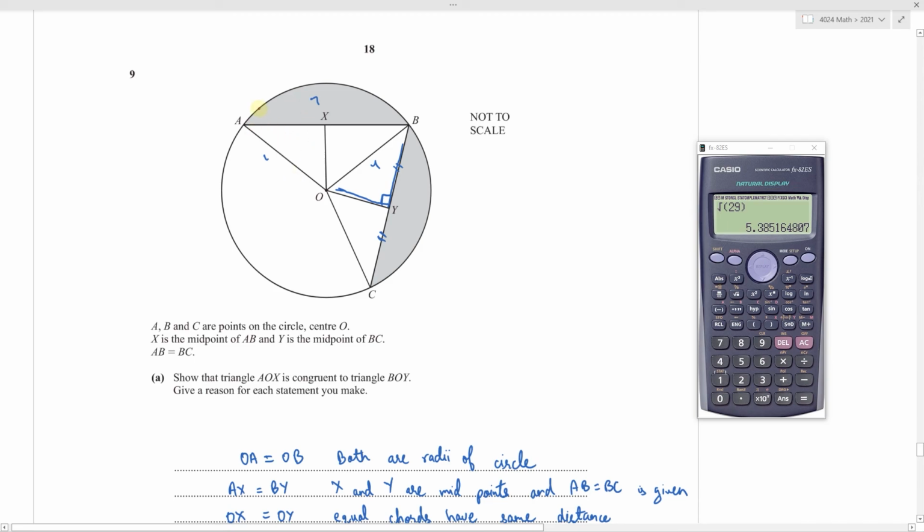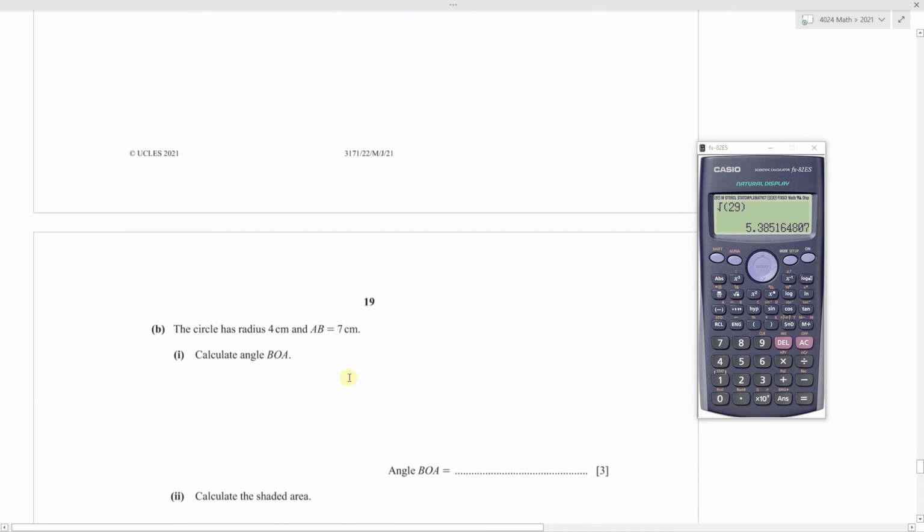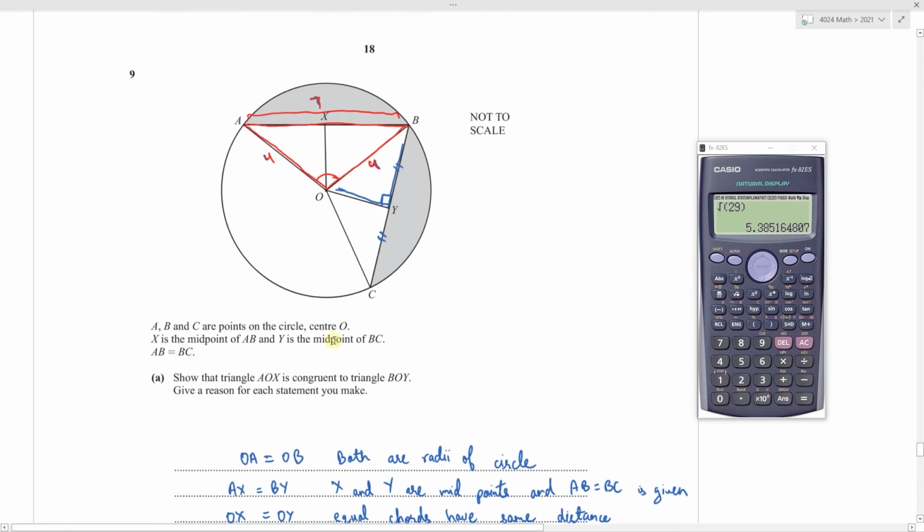If I look at this triangle ABO, I know this side is 4, this side is 4, and this side is 7, and I need to calculate this angle BOA.